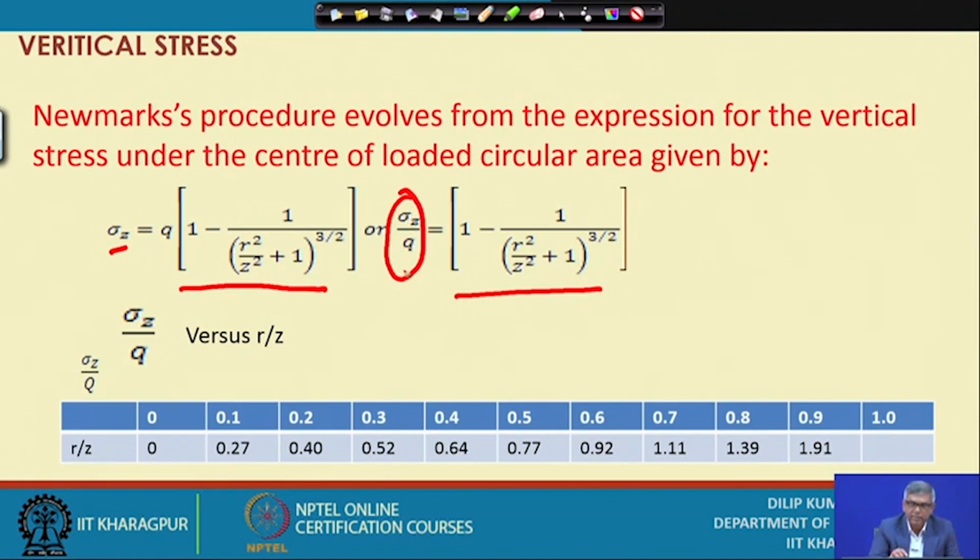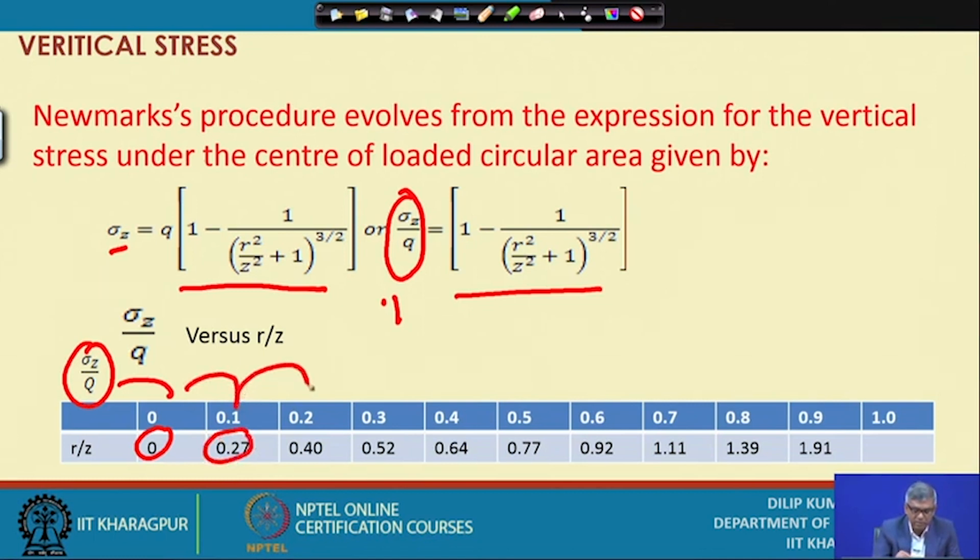So, for that, what should be the R by Z? By solving this equation, if I put 0.1 here, I can find what the R by Z should be. For several values of sigma z by q: when it is 0, obviously R by Z has to be 0, and when it is 0.1, R by Z is 0.27.